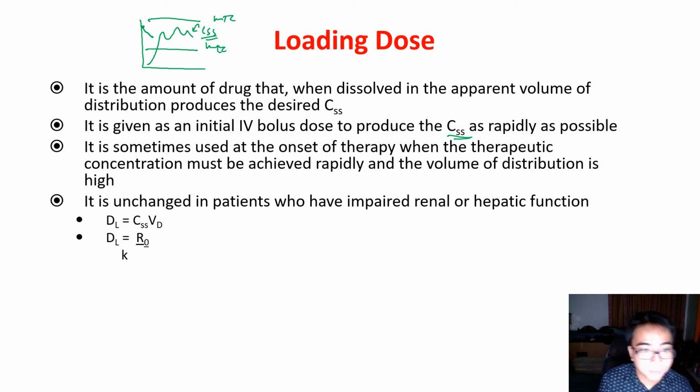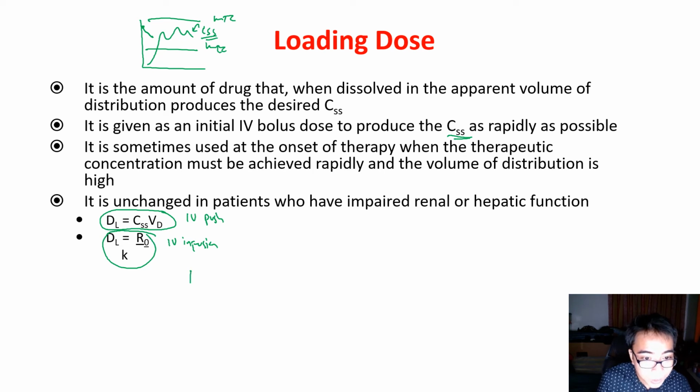So again, class, the formula is simply for IV drugs. It will just simply be desired plasma concentration, desired steady state concentration, multiplied to your VD. This is IV push. Okay, this one naman, class, on the other hand, this is a computation for an IV infusion. Okay, ano naman yung RO na yan? That's the rate of infusion.